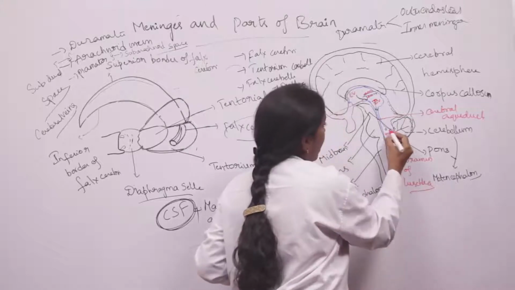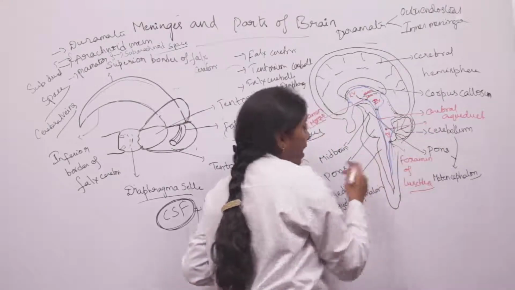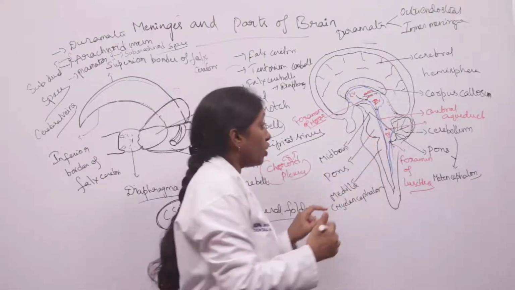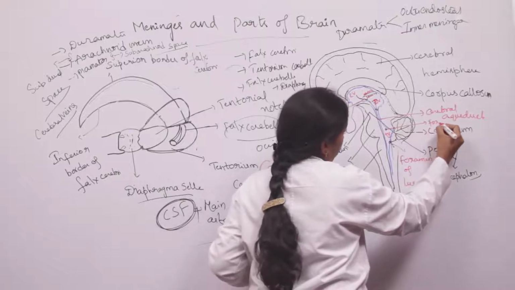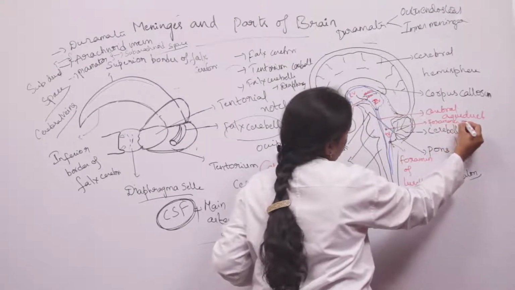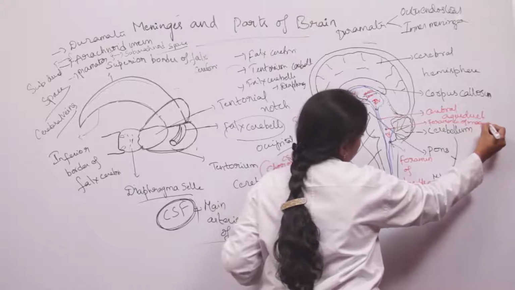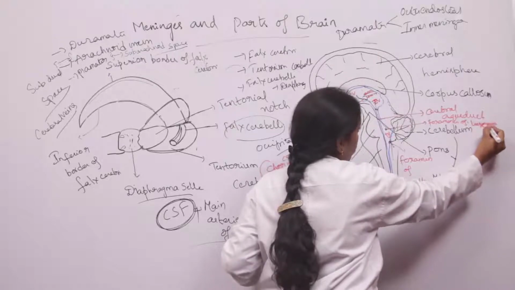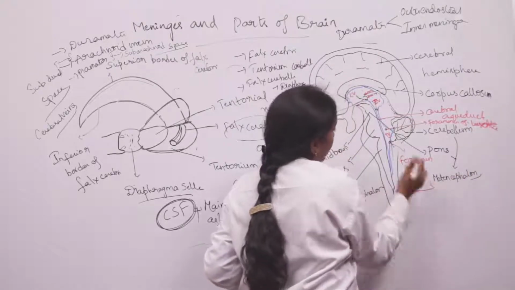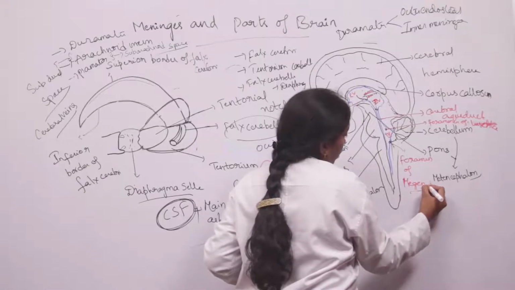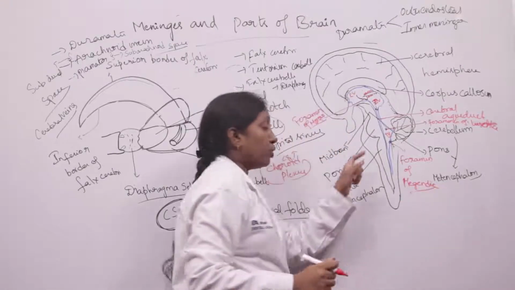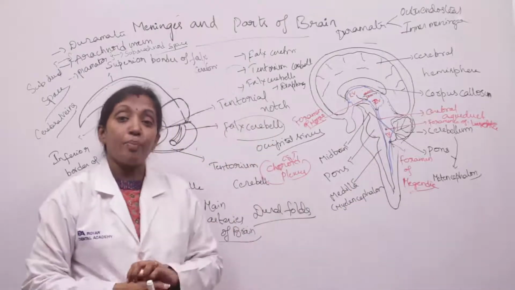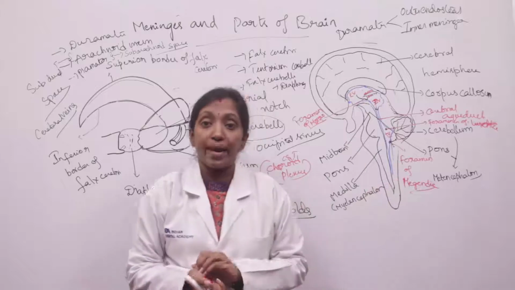This is the roof of the fourth ventricle; the foramen of Luschka is present in the roof, and in the median aperture we have the foramen of Magendie. So through the foramen of Luschka and the foramen of Magendie, the CSF in the fourth ventricle enters the subarachnoid space.